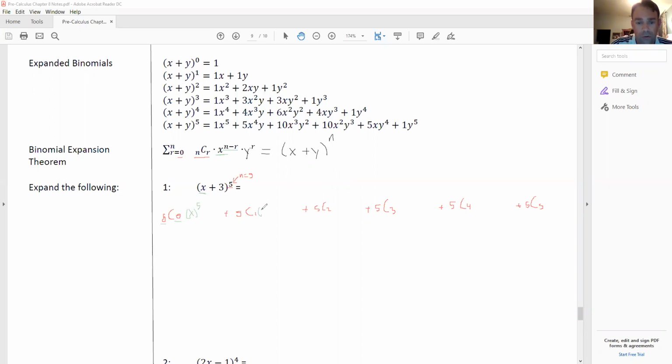Your first term, x, 5 minus 1. Your first term, 5c2, 5 and 2, so 5 minus 2 would be 3. 5 minus 3 here, that would be 2. Notice we're just counting down our exponents. So the first term is going to be all the exponents counted down.